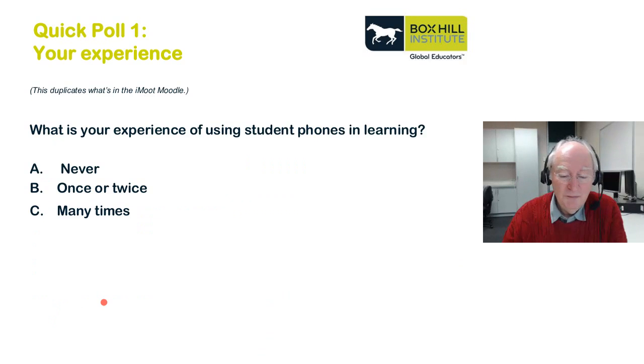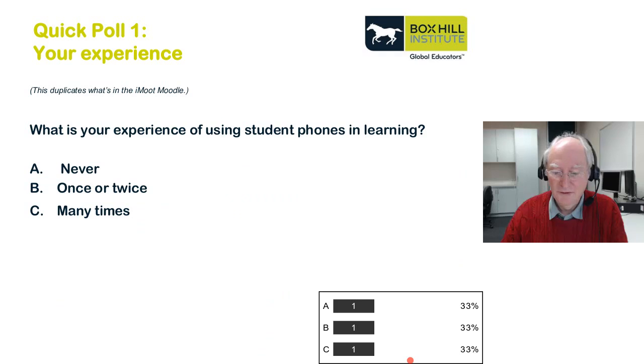So first of all, I presume that you can see this on the screen, and if you can just click A, B or C, just to give us a bit of an idea. Okay, never, once or twice, and many times. Okay, so there's that.